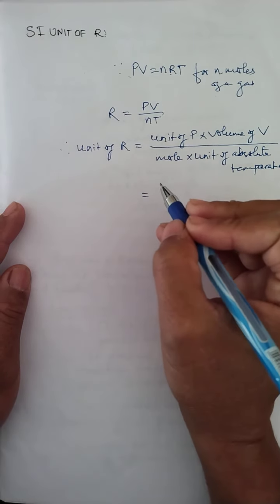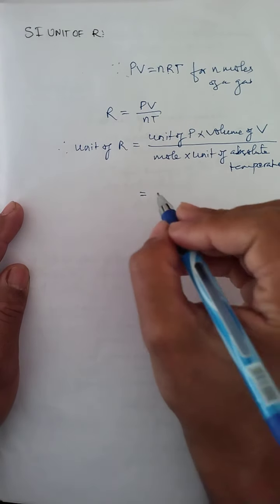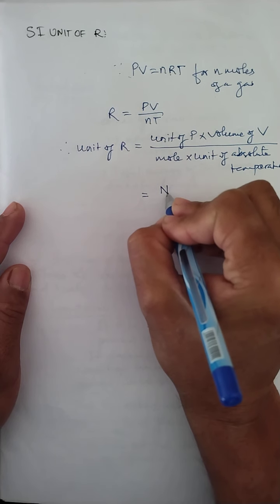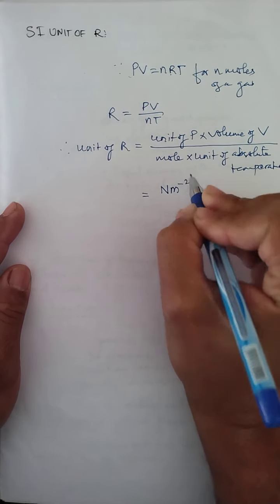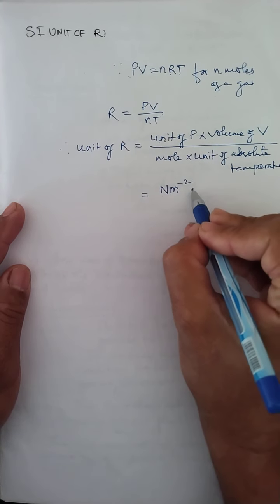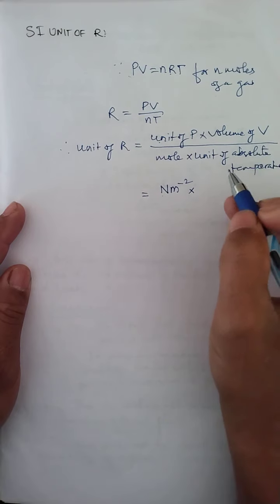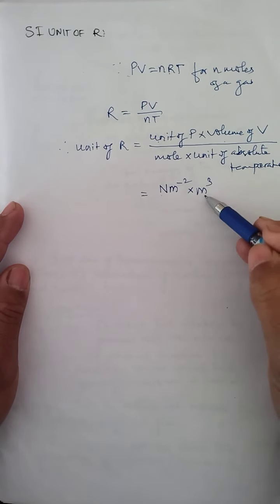Now we know the unit of pressure, and we write this as the SI unit. The SI unit of pressure is Pascal, which is also equal to Newton per meter square. Into volume, and you know the SI unit of volume is meter cube.